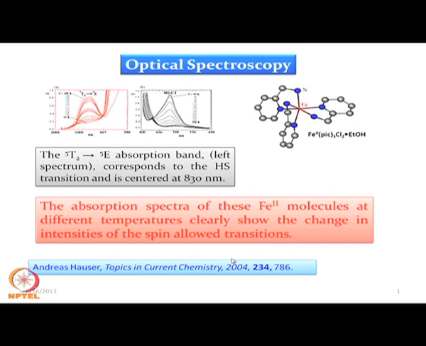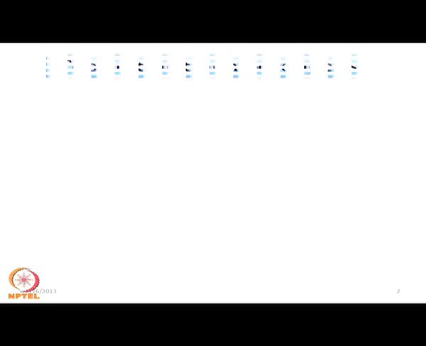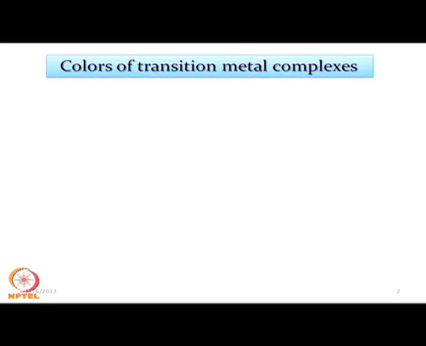So, now we will see that the very basic thing, the color and the corresponding spectra, can be very useful for characterizing these metal complexes.